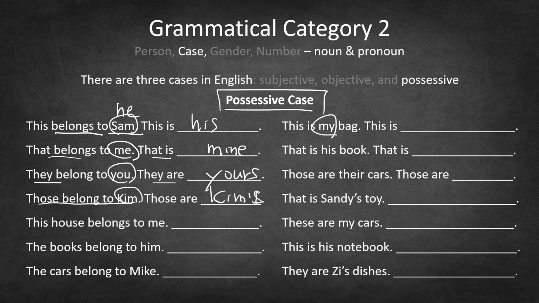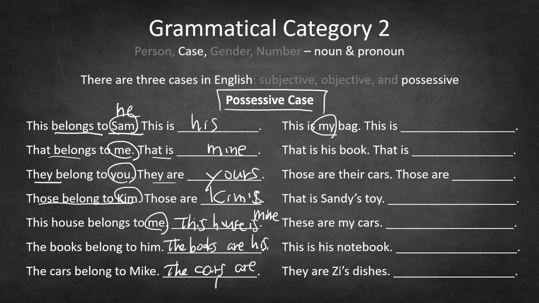I'm sorry. This house belongs to me. Again, this house is mine. The books belong to him. The books are his. The cars belong to Mike. The cars are Mike's.